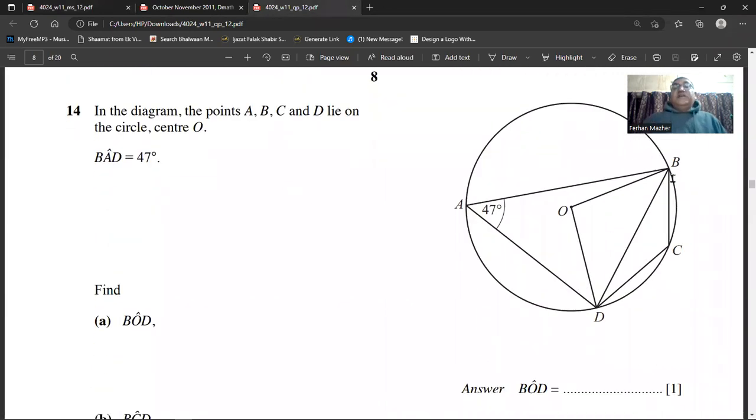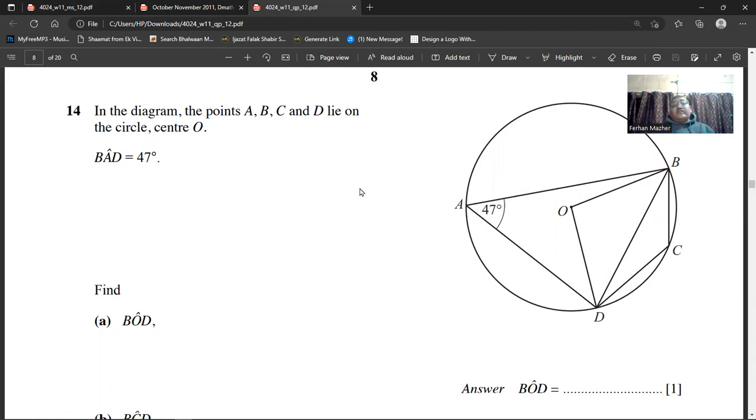So BCD. If you look at this diagram, look at this ABCD. You see, they are making a quadrilateral, and all the vertices of this quadrilateral are on the circumference.